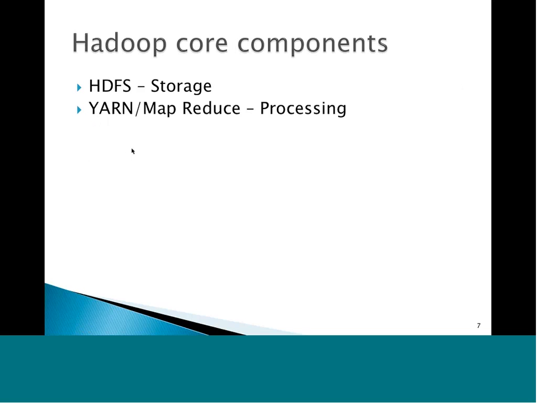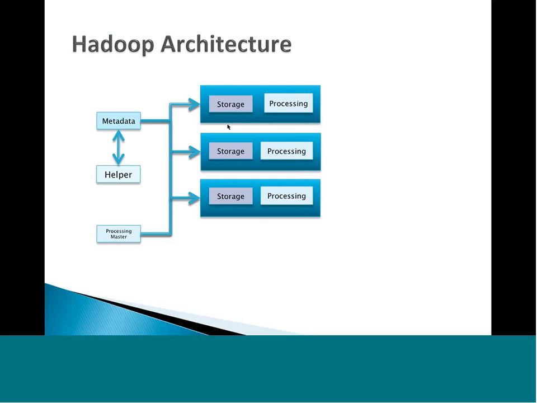Okay, so with respect to Hadoop, there are 2 core components: one related to storage and the other related to processing. HDFS, which stands for Hadoop Distributed File System, which we'll see in detail later, is for storage, and YARN or MapReduce is for processing. This is how it will look: all the nodes in the cluster will have storage locally mounted.